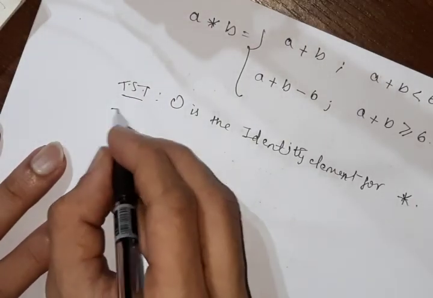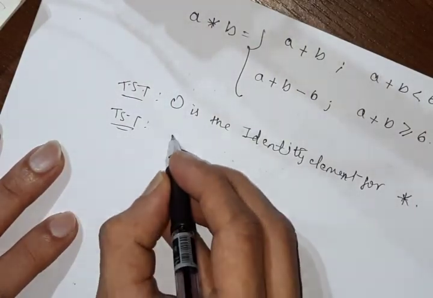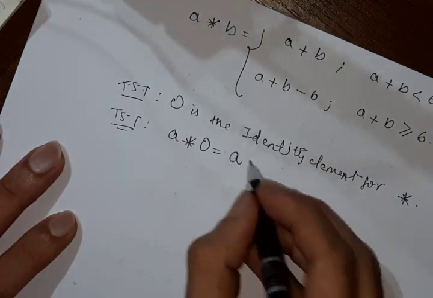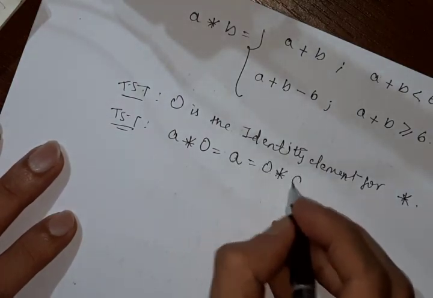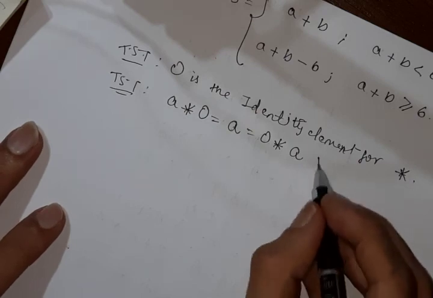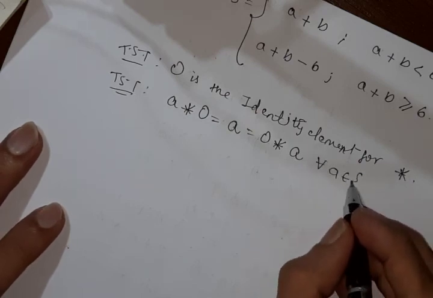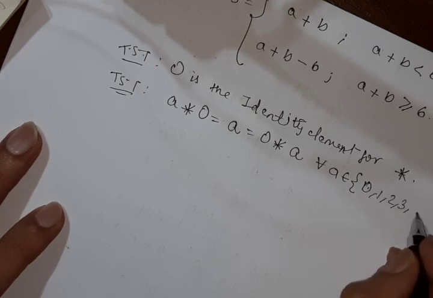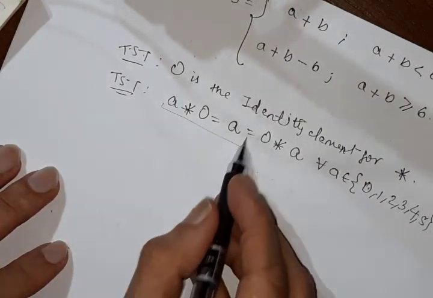Now that means we have to show that A star 0 is equal to A, which is equal to 0 star A, and this should be true for all A belonging to the set 0, 1, 2, 3, 4, 5. Now what we will do is check this first.